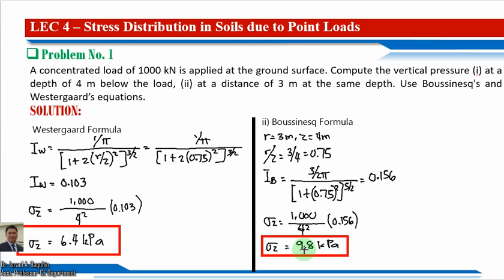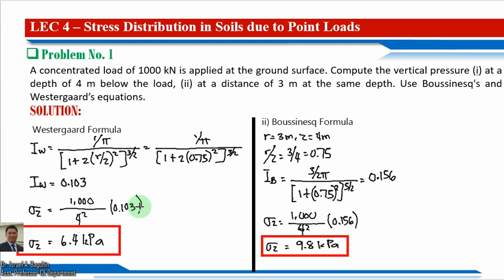As you can notice also, this Westergaard is really below the quantity of this Boussinesq formula. This is 9.8 and this is only 6.4 kilopascal.